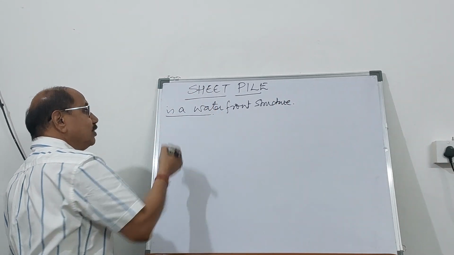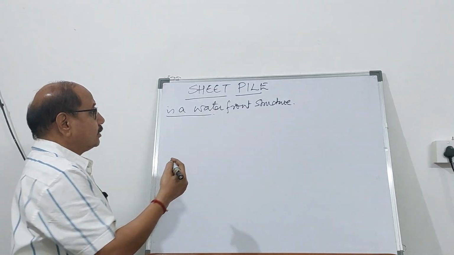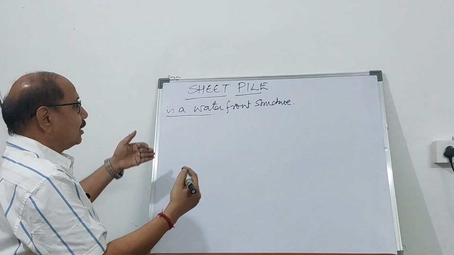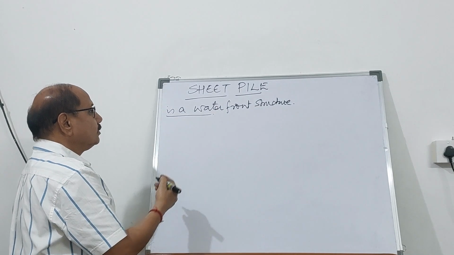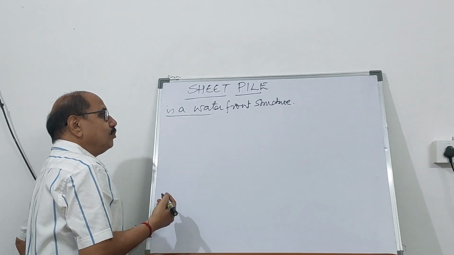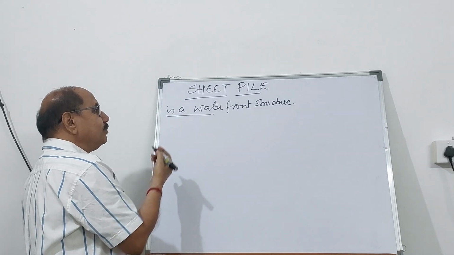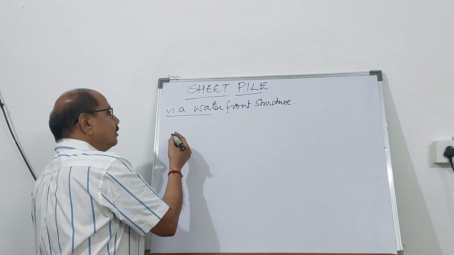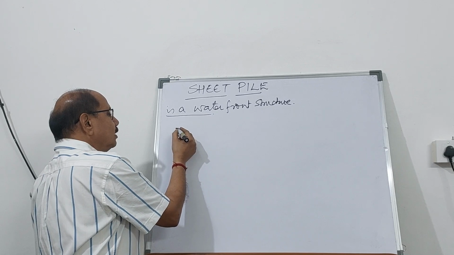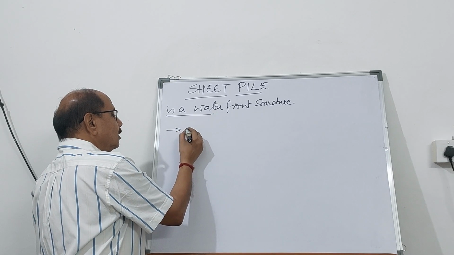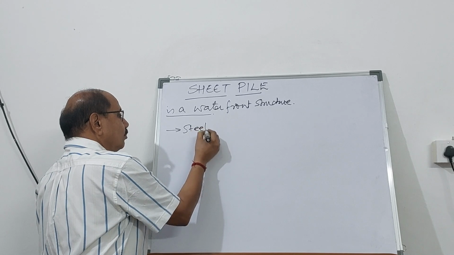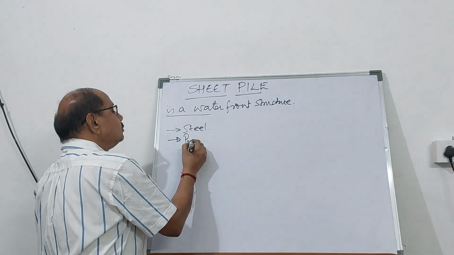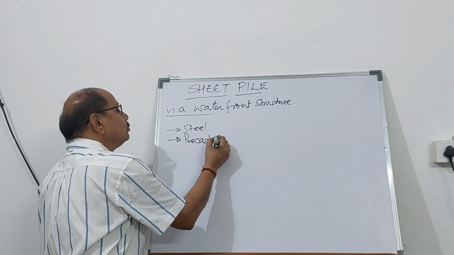and as the name suggests, sheets of small sizes are joined one by one, and you can have a particular wall to retain the backfill. The sheet pile normally is made of steel, but it could be of precast concrete also.